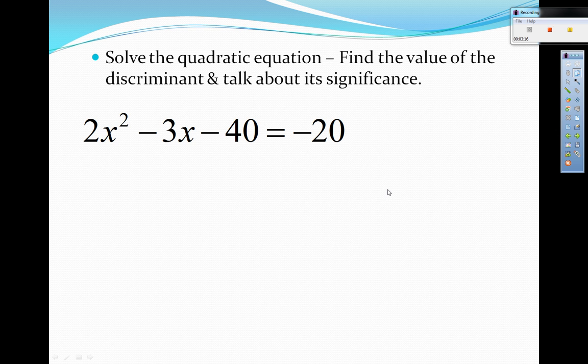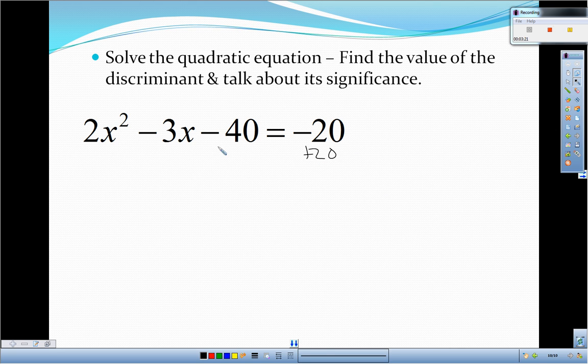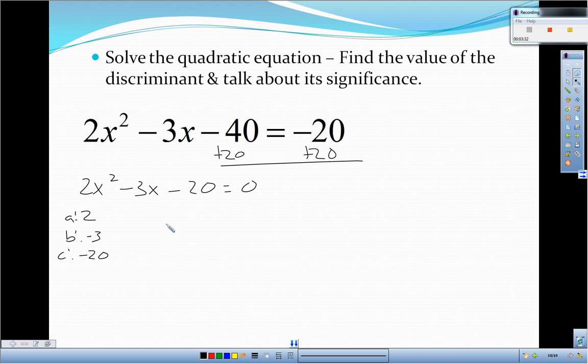Again, for this quadratic equation, it's not set equal to 0, so I'm going to add 20 to both sides, and that'll give me 2x squared minus 3x minus 20 is equal to 0. So a is 2, b is negative 3, and c is negative 20. Using the quadratic formula, I'm going to have 3 plus or minus the square root of negative 3 squared minus 4 times 2 times negative 20 all over 2 times 2.